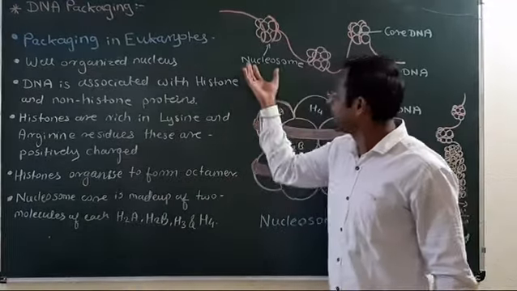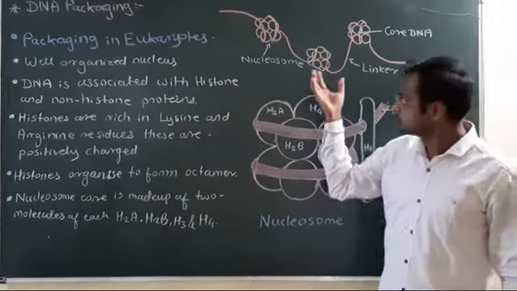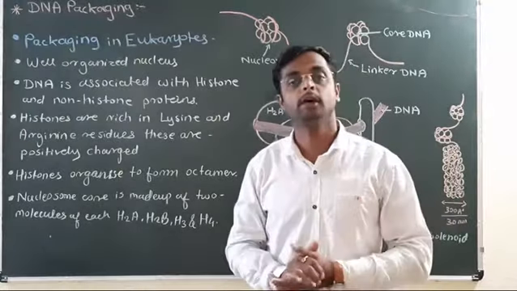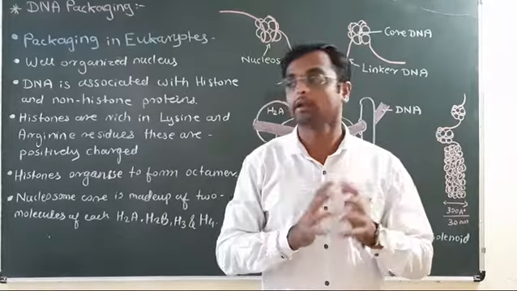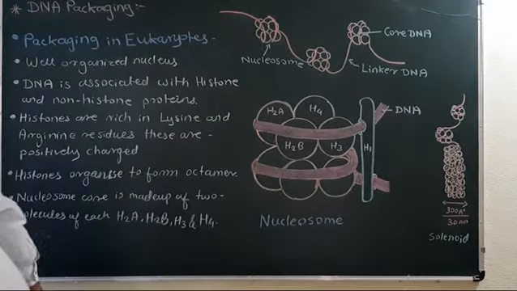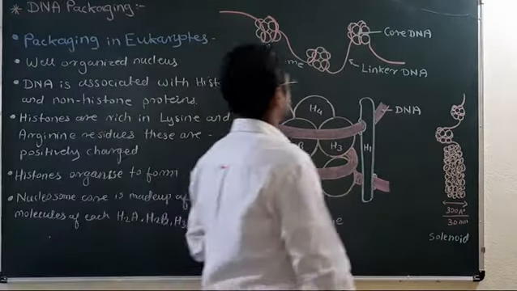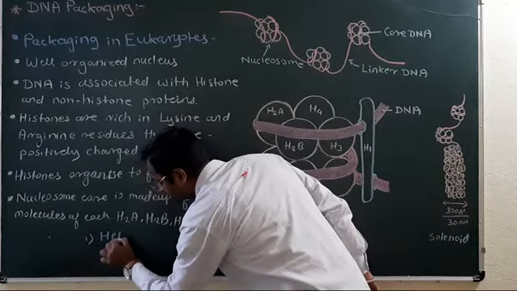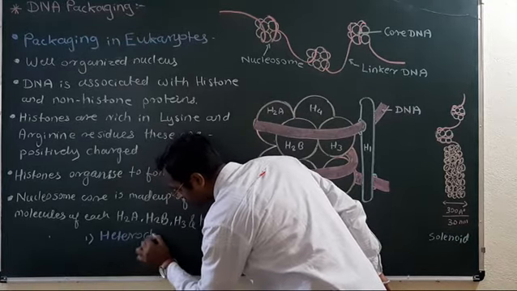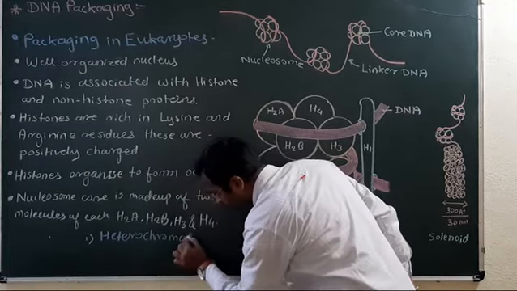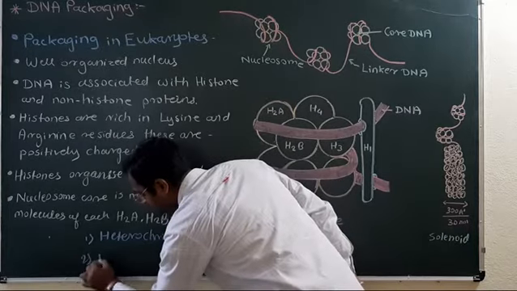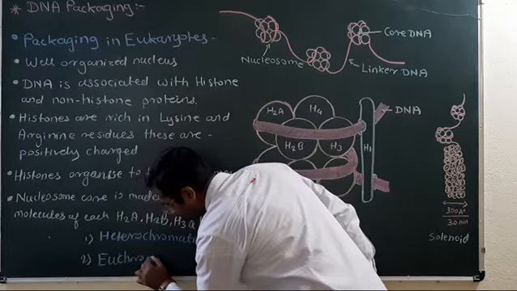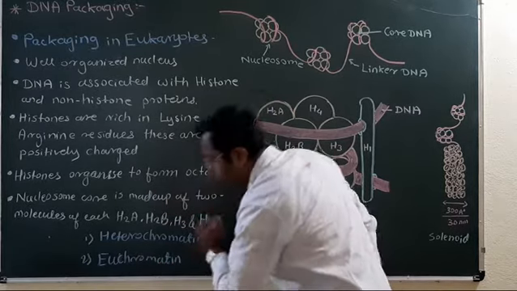Now, this chromatin or genetic material at the time of prophase shows 2 types: the euchromatin and heterochromatin. The first one is heterochromatin, and the second one is euchromatin.